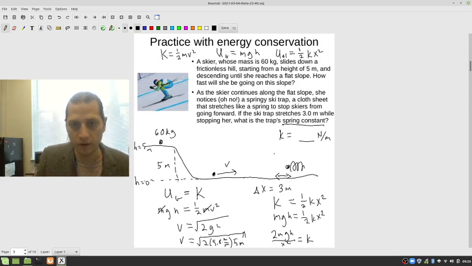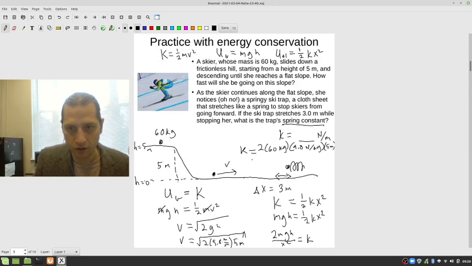And so in this case, my k is going to equal 2 times 60 kilograms times 9.8 newtons per kilogram times 5 meters over 3 meters squared.